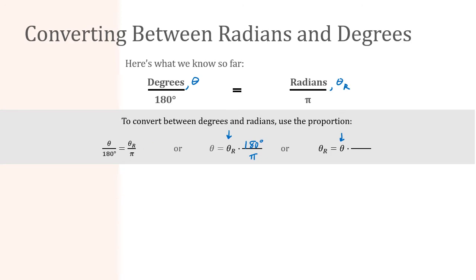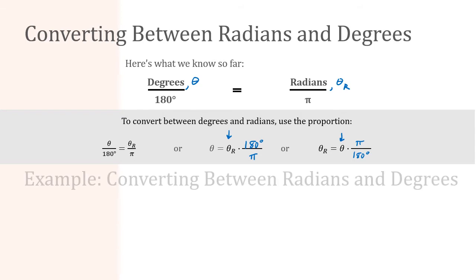Now I want to solve for theta sub r, so I'm going to multiply both sides by pi, and the pi's cancel out, and I'm left with theta sub r is equal to theta times pi over 180 degrees. So let's look at an example where in one of the examples we use the first proportion, and in the second example we use one of the variations.